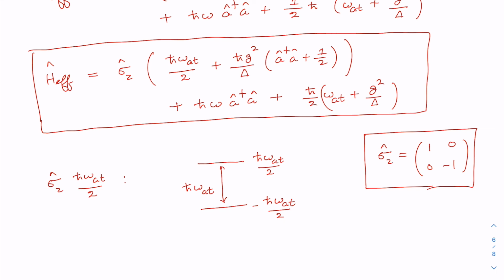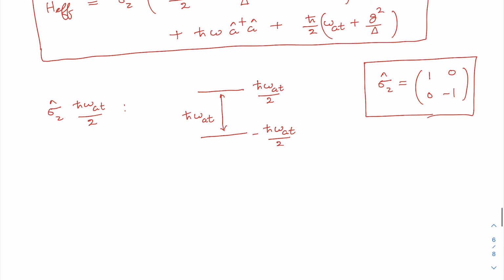And then let us look at the second term here. The second term is h cross z square by delta a dagger a plus half. So it consists of two terms, just like in the harmonic oscillator. This is basically due to the zero-point fluctuation. This particular term has two parts.